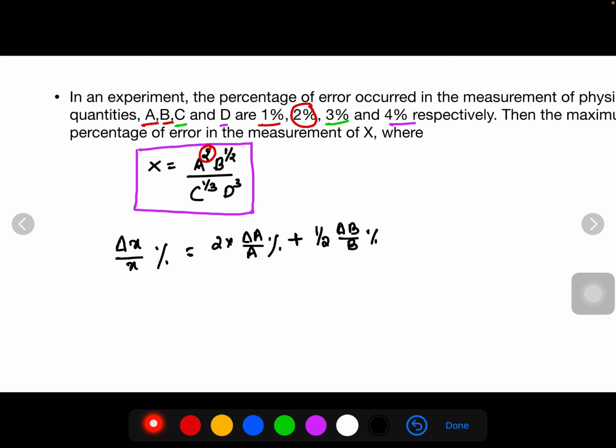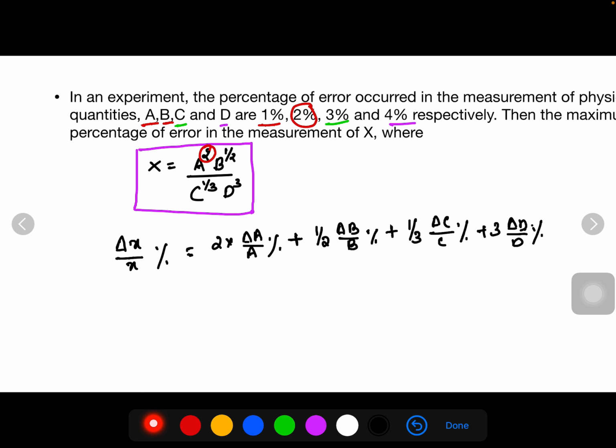If there is multiplication or division, you should add all the relative errors, as we discussed in our previous classes. Since there is a division, you have to add the error from the denominator part also. So plus 1 by 3 times delta C by C in percentage, plus 3 times delta D by D in percentage.